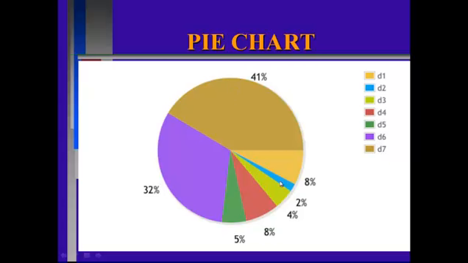So this little blue strip right here at 2% should really be up here as the last piece of pie. 41% is correct there, but the 32% should actually be here and then down to 8, 8 again, 5, 4, and 2. So this pie chart is out of order.